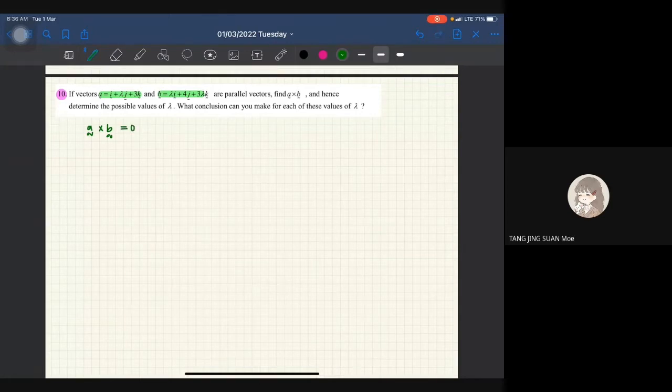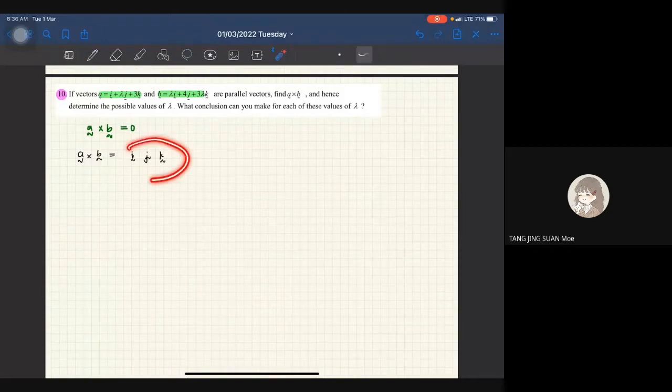Okay, sepatutnya. Okay, so soalan minta kita cari dulu A cross B. So you need to find first A cross B and hence you need to determine the possible values of your lambda. So lambda ni adalah constant yang dekat sini. Soalan minta kita cari unknown. Okay, so cari dulu A cross B. So you have A cross B, I, J, K. Okay, jangan bosan tulis benda ni.